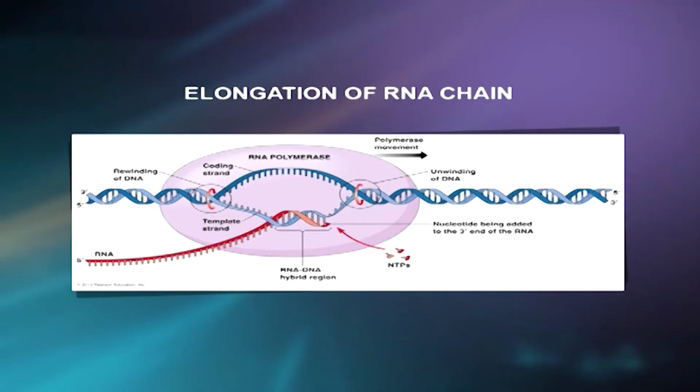The RNA polymerase enzyme contains both DNA unwinding and DNA rewinding activities. RNA polymerase enzyme continuously unwinds the DNA double helix ahead of the polymerization site and rewinds the complementary strands behind the polymerization site as it moves along the double helix.